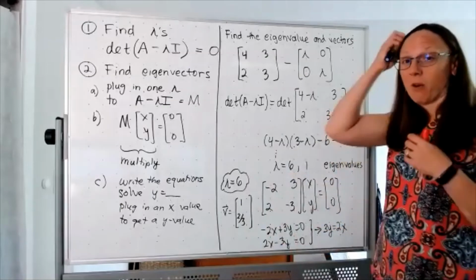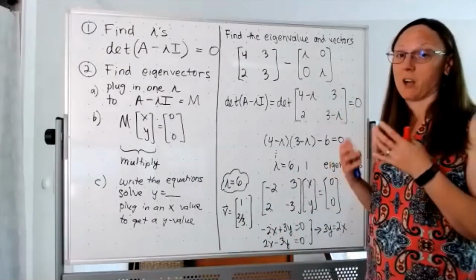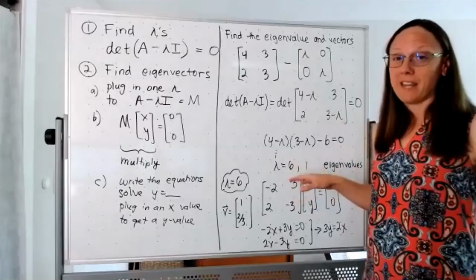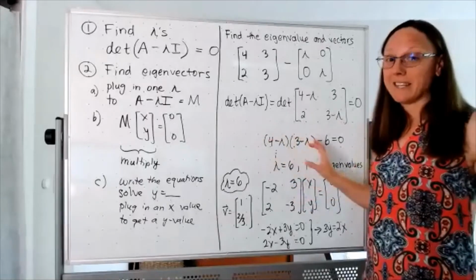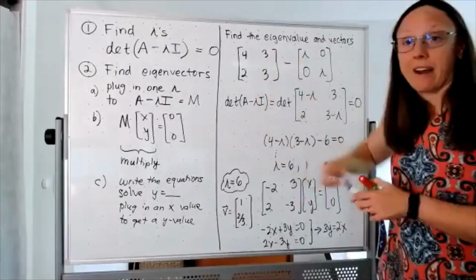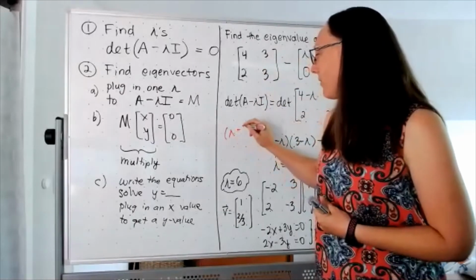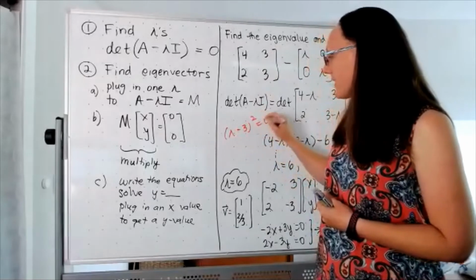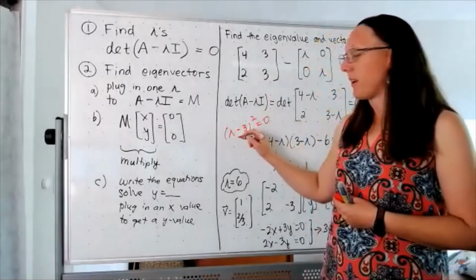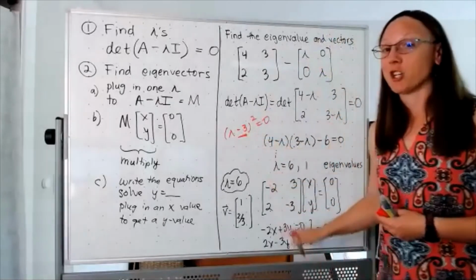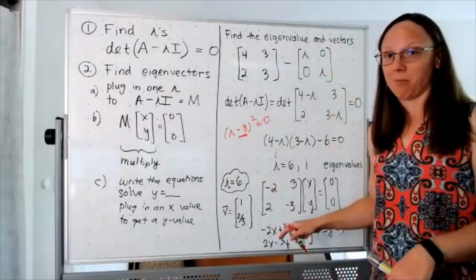Sometimes, if you think about solving a quadratic equation, you get a repeated root. Meaning if we did this and the quadratic equation part came out to look like, I don't know, lambda minus 3 squared is equal to 0, where we're really only getting 1 eigenvalue, then your 2 equations will not be the same.